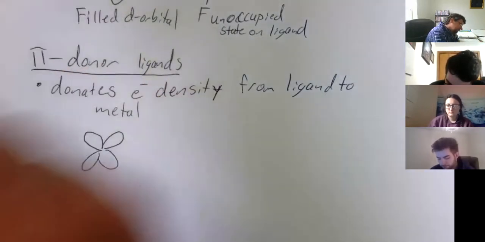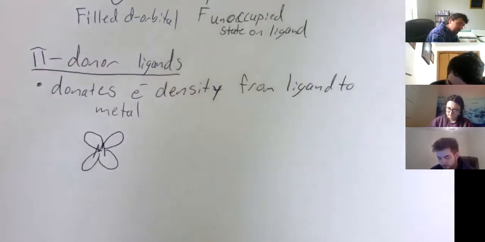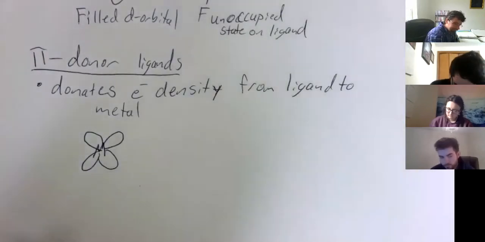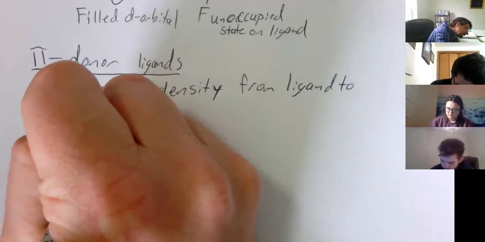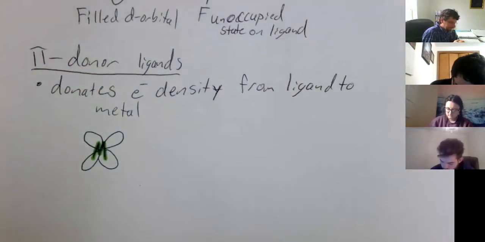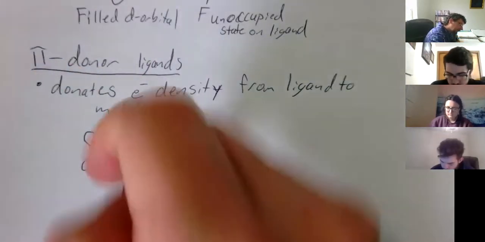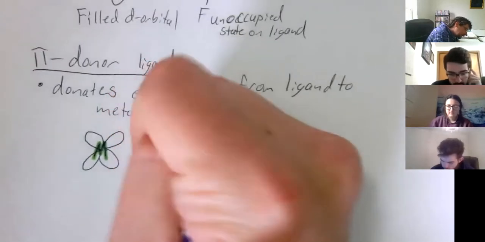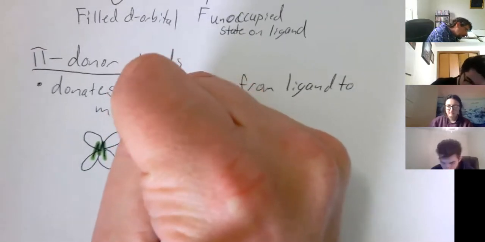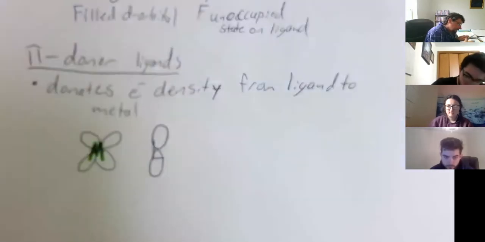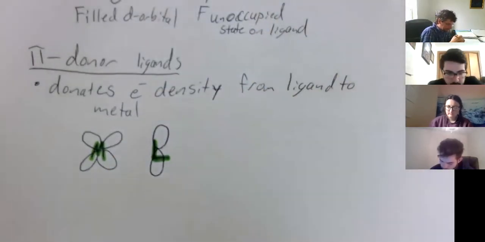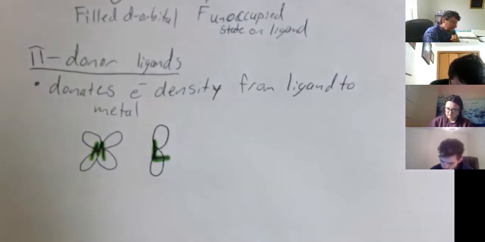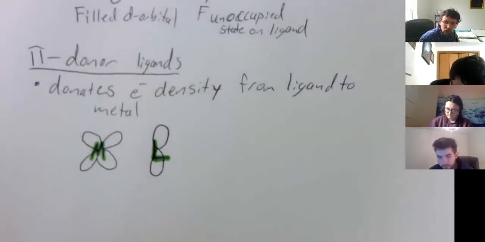So here's our metal, and we'll highlight that in green. And we have a ligand. Which one's occupied again, or what's going to happen?